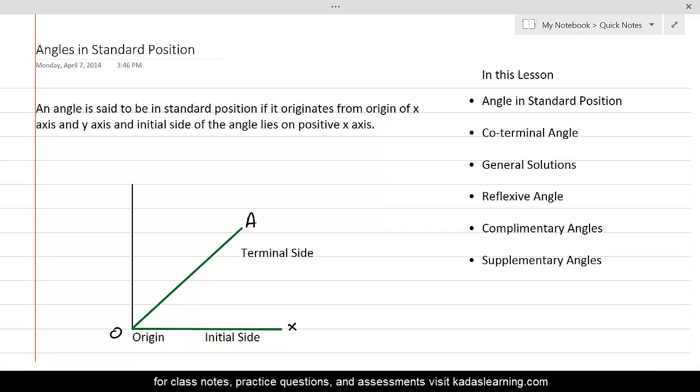As the initial side coincides with the positive x-axis and originates from the origin of the x-axis and y-axis, this being the y-axis and this the x-axis, then this angle, whatever it is, is called an angle in standard position. Let's call this angle theta. So this is an angle in standard position.